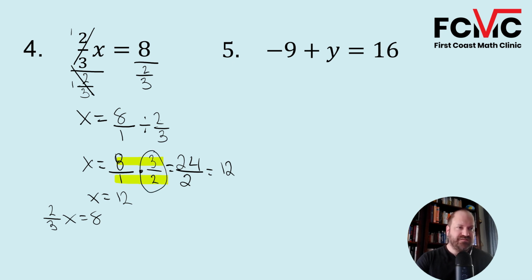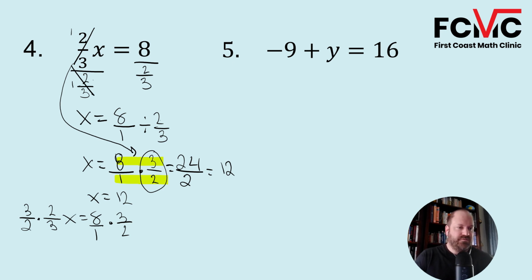So I can jump right to this step if I want, and instead of dividing by 2/3, I could just start by multiplying by the reciprocal, because if I'm multiplying by 2/3, I've got 3 in the denominator. I'm dividing by 3 in the denominator, so I can start by multiplying by the numerator and multiplying by the denominator and dividing by the numerator.